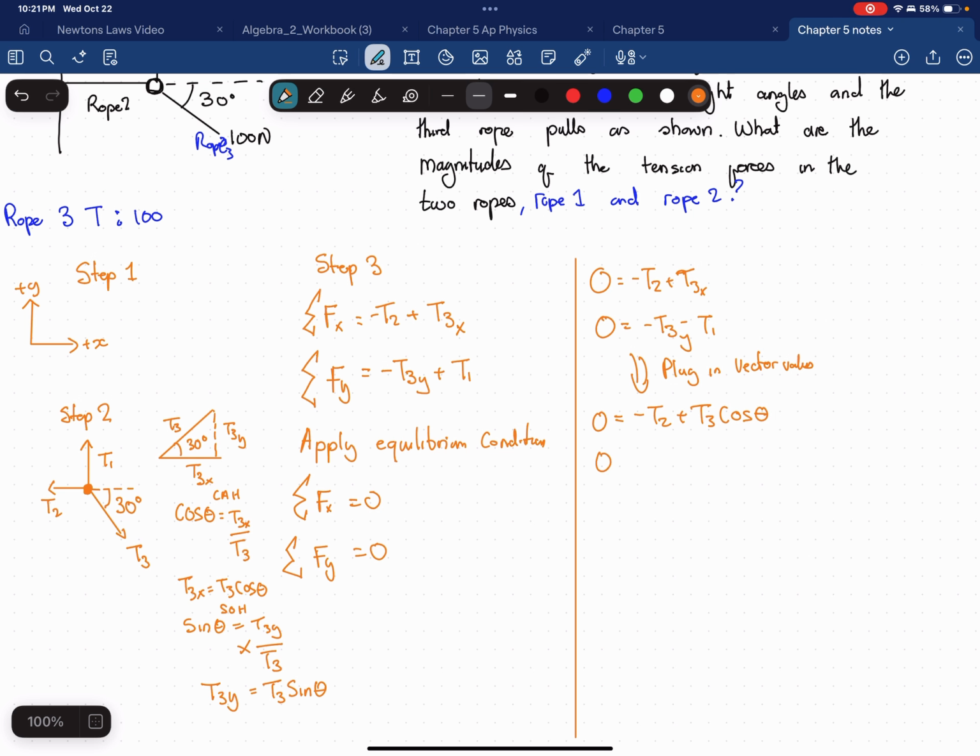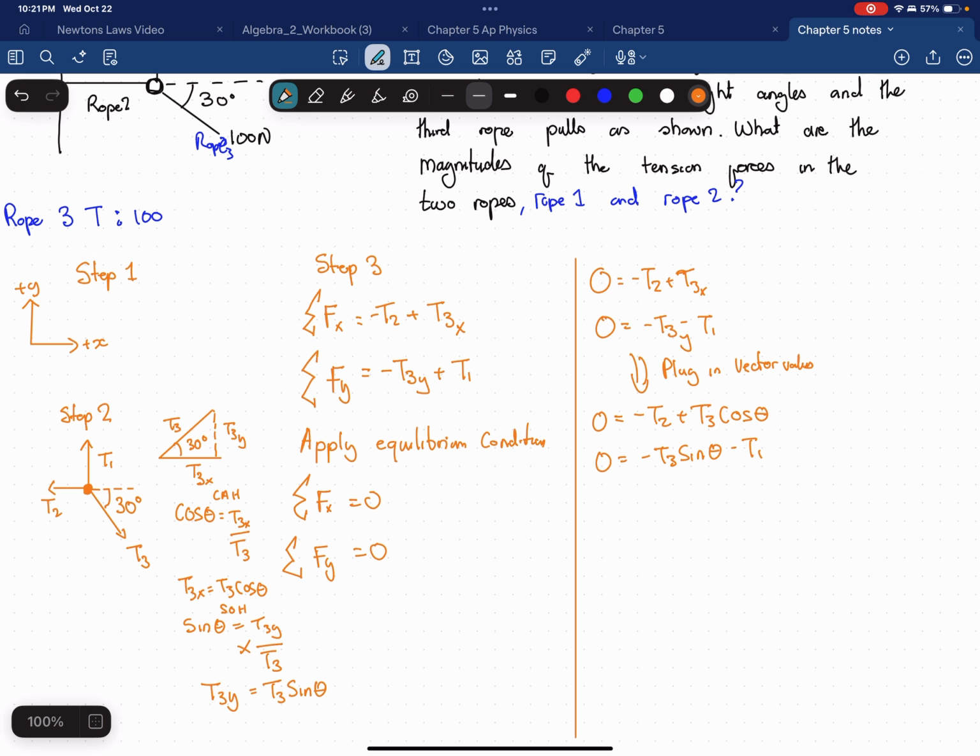And then 0 is going to be minus T3 sine theta minus T1. We're getting very close to solving this problem, guys.